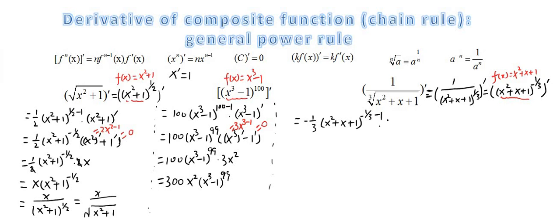So we have x squared plus x plus 1 prime. Now here we have the derivative of the sum of 3 functions. That means we can do the derivative for each function.